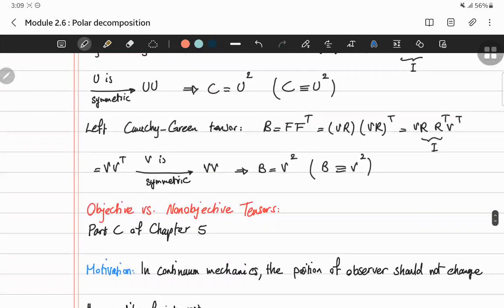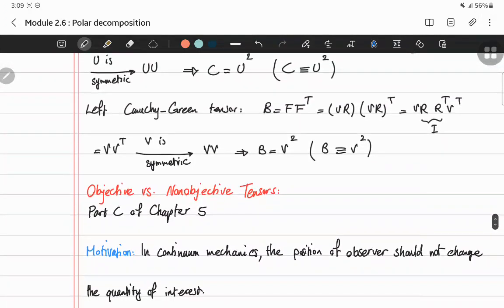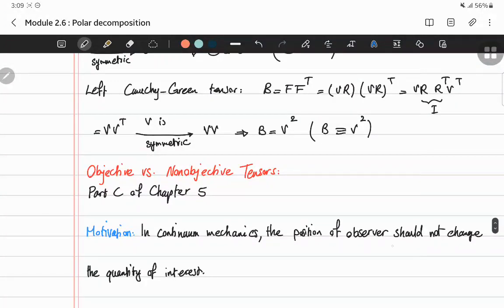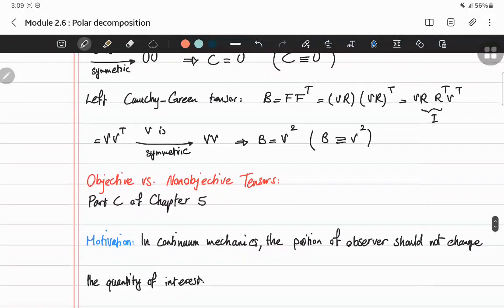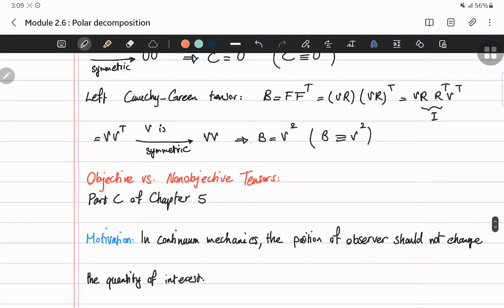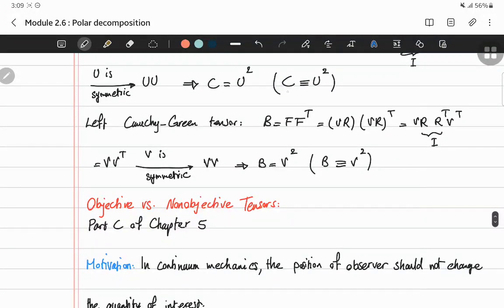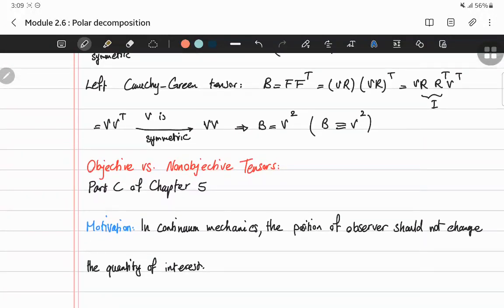So that's why we are into this tensor B instead of C, because using tensor B, basically the position of the observer does not affect the result. However, if we use tensor C, then the result is dependent on the observer.